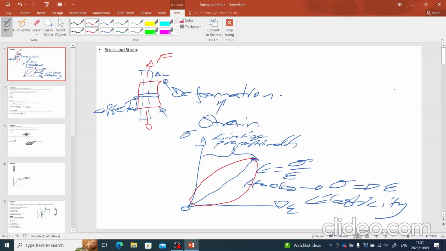The strength of its material gets to show off under this region. Now, as you further apply the force, then you realize that the deformation starts to take place. The change now starts to take place up until the material fractures, breaks.